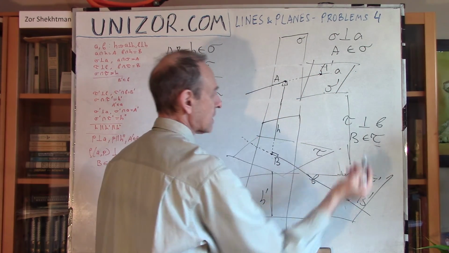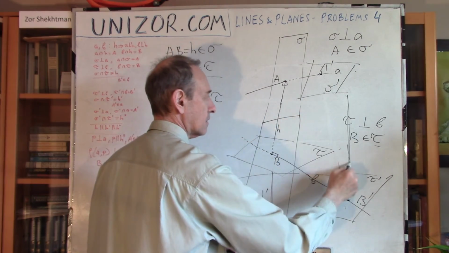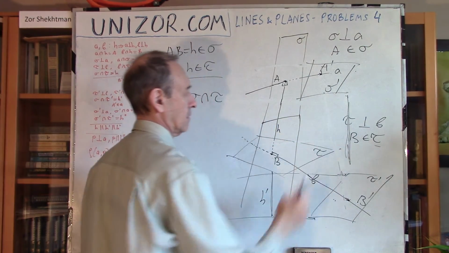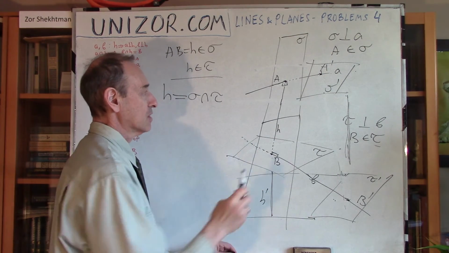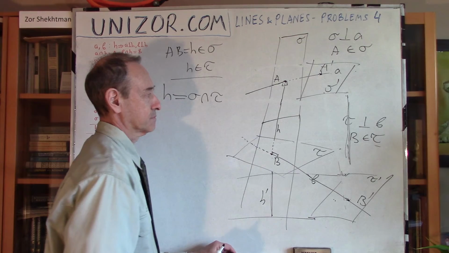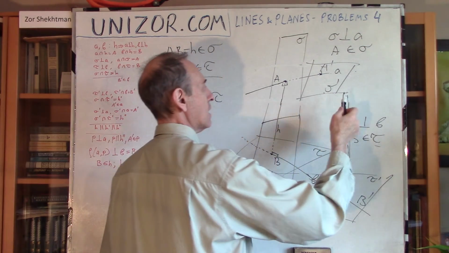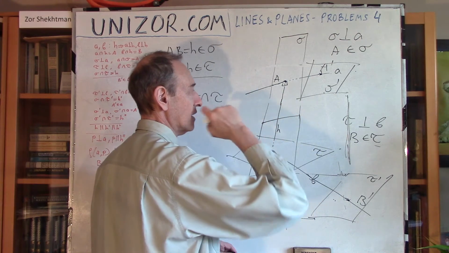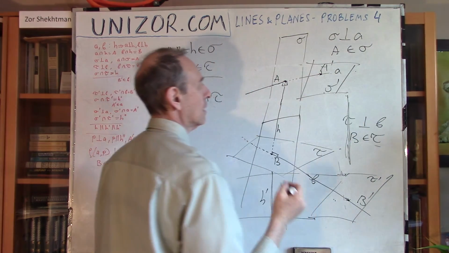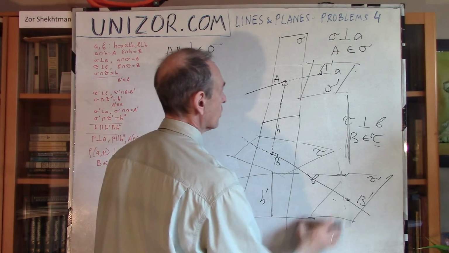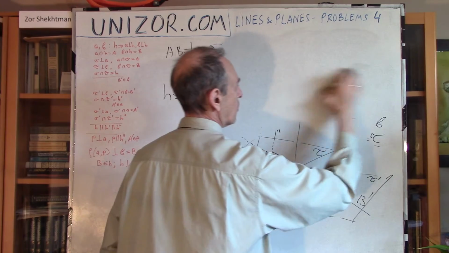And they intersect somewhere. But what's important about this line is that it must be parallel to this one. Why? Because it's almost perpendicular to this line. Why? Let me draw another picture and you will see why.